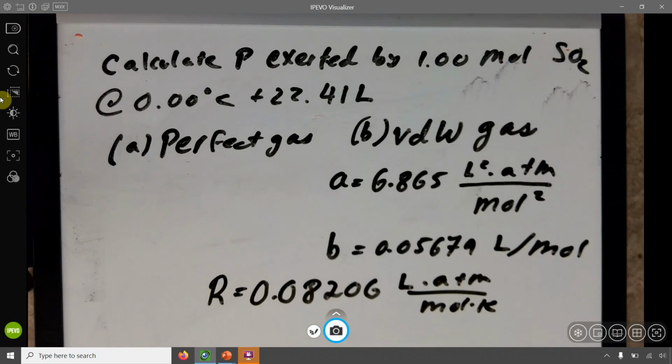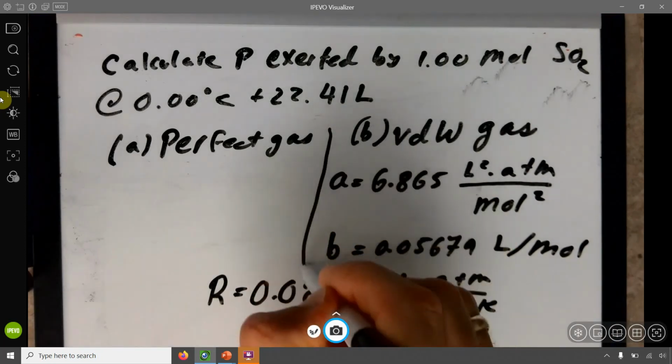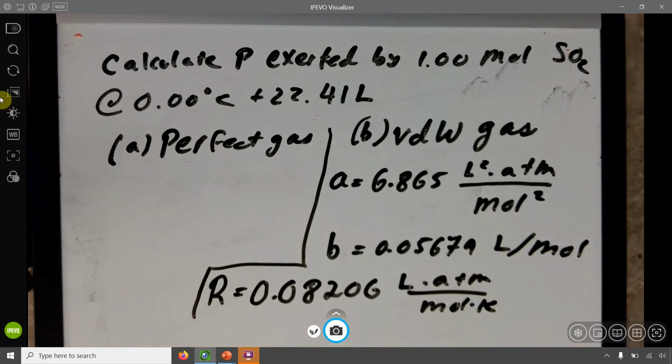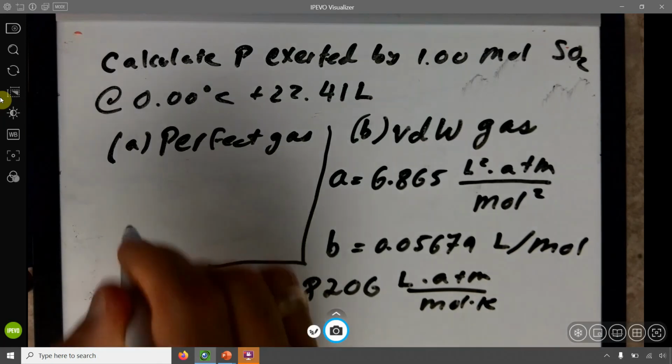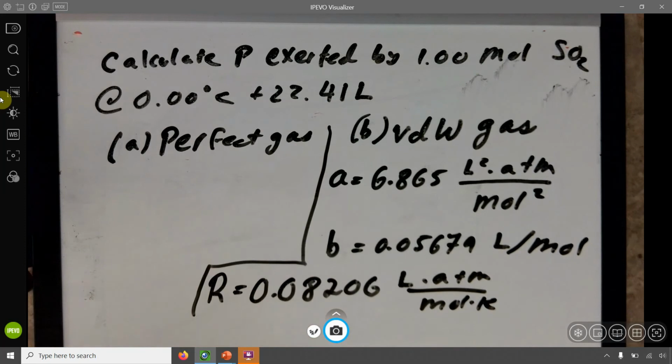All right. Now, because this isn't a whiteboard, I apologize. I wrote all the units here for you. When I plug it into the equations, because I have a whiteboard that's very small, I'm going to omit the units. So I will point them out as I do that. Okay. So for part A, we'll do this in red.